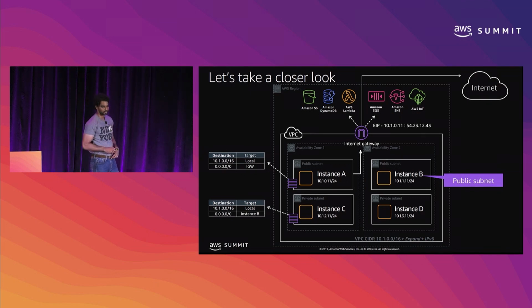Now, for some instances, you don't want them to be exposed to the internet. You want to firewall them off using a DMZ architecture. So you can put them behind a NAT. Using VPC route tables, you can put an EC2 instance in line for all your outbound traffic. As you can see in the route table of the subnet below the public subnet, we have a route saying all default traffic goes to next hop instance B, and that's where we'll configure source NAT rules.